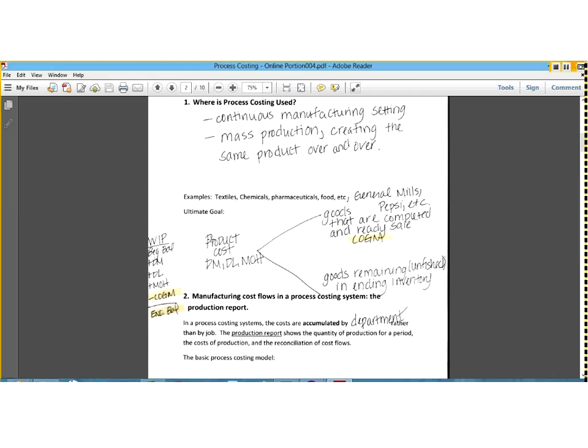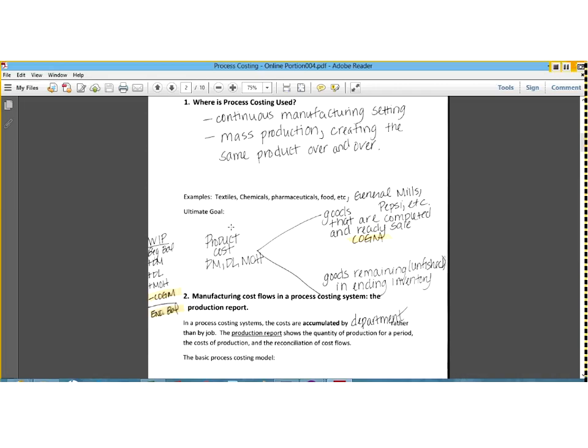At any given moment, if I went into the plant, I would see products that are finished, products that are halfway done, and products that haven't begun at all. Because we always have products in multiple stages of the completion process, it gets a little tricky.